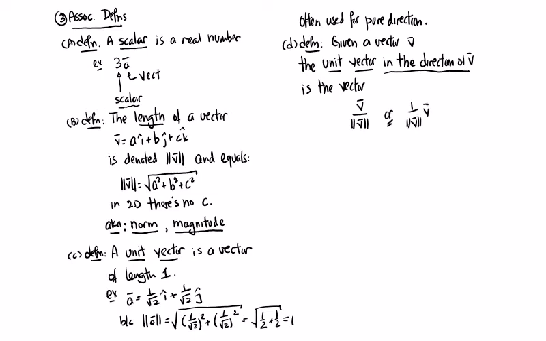Now, just so you see what's going on here visually, if you have a vector like, let's say, 2i plus 3j, actually, let's do a slightly better one. Let's do one that works out kind of nice. Let's do 3i plus 4j.